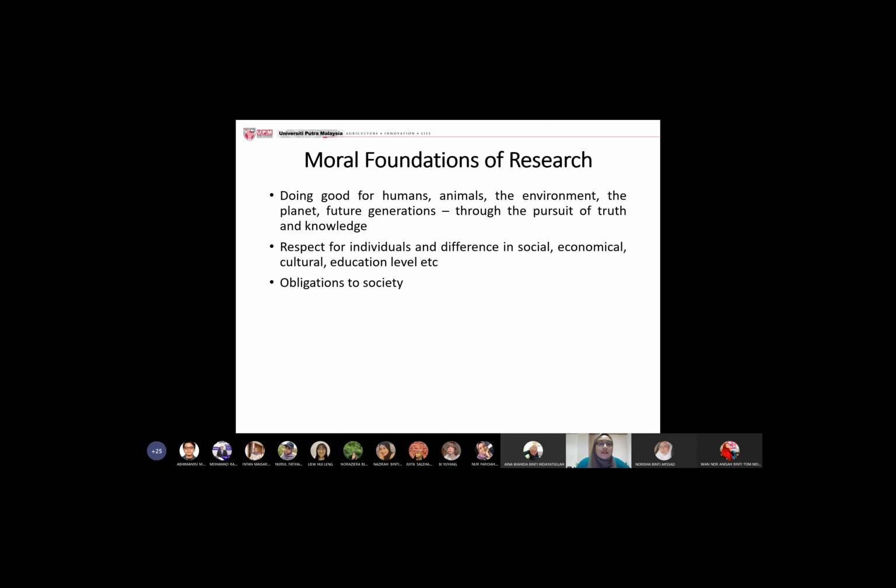Next, moral foundation. If we talk about research, fundamentally you are trying to solve a problem. Okay, so your aim is actually to achieve a solution to a lot of problems. So you want to do good for humans, for animals, for environment, for planet.